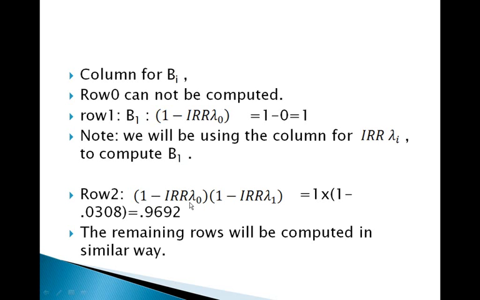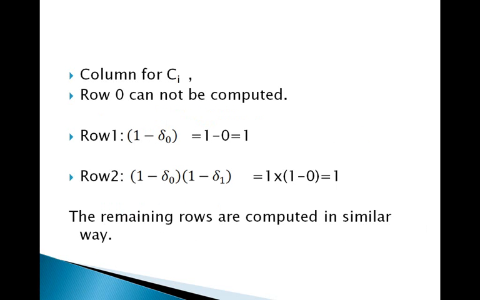So we have 1 minus this incident rate ratio lambda sub 0 times lambda of incident 1 minus the incident rate ratio of lambda sub 1. That gets us 0.96, continuing on in the same manner. C is done using the deltas, the 1 minus deltas, and then again 1 minus delta sub 0, 1 minus delta sub 1.